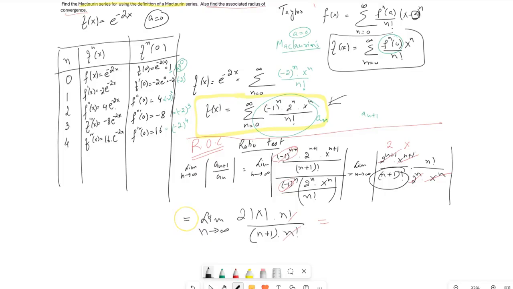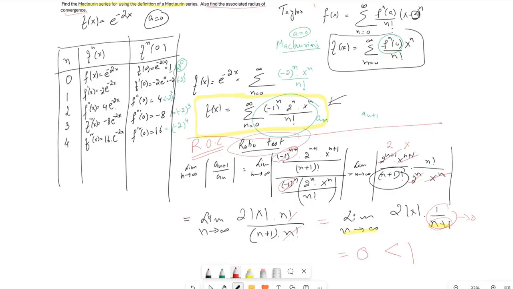So basically we have the limit as n approaches infinity of 2 times the absolute value of x times 1 over n plus 1. In this whole expression, the only thing affected by n is n plus 1 in the denominator. When n goes to infinity, the denominator goes to infinity, so the whole thing goes to 0. The whole limit is equal to 0, which is always less than 1.